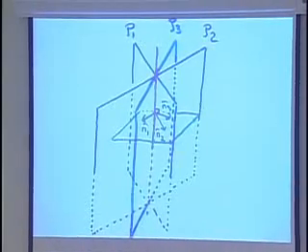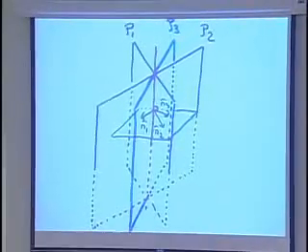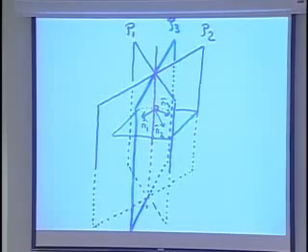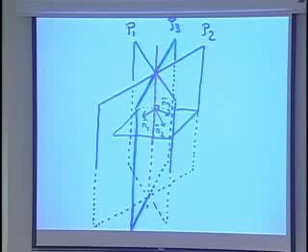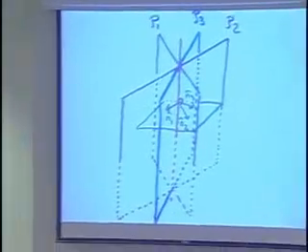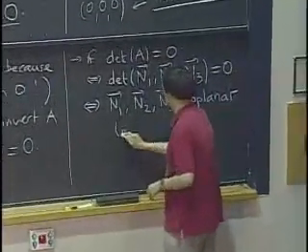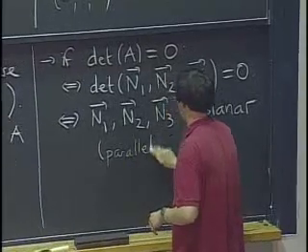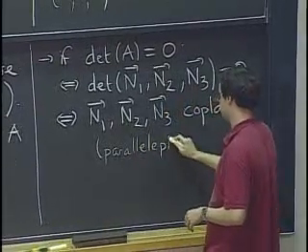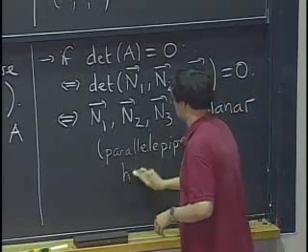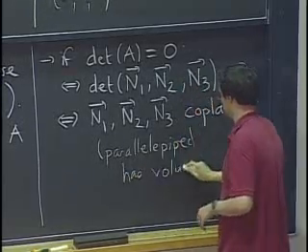So if I try to form a box, a parallelepiped with these three normal vectors, I will get something that's completely flat and has no volume. The parallelepiped has volume 0.